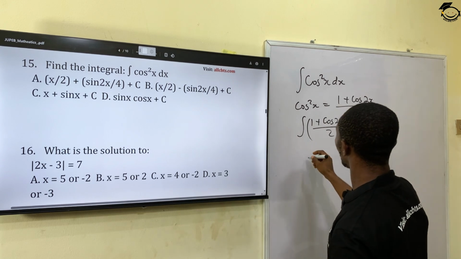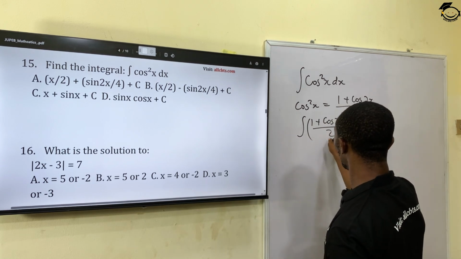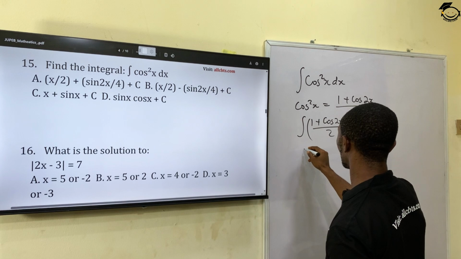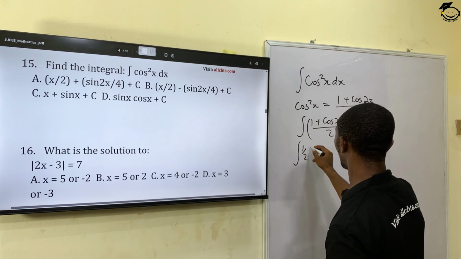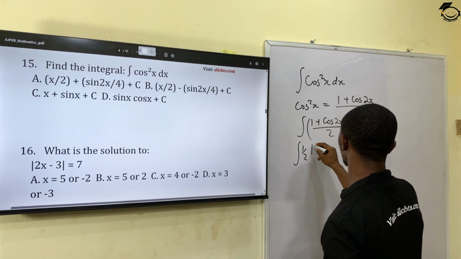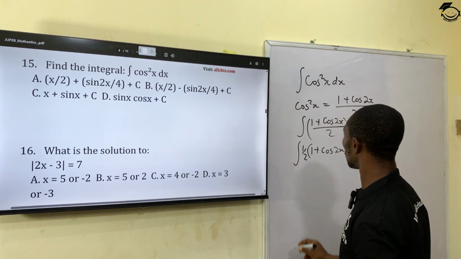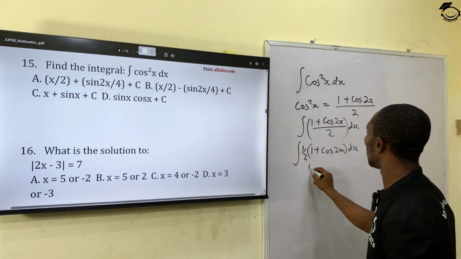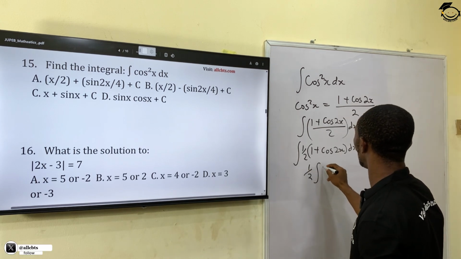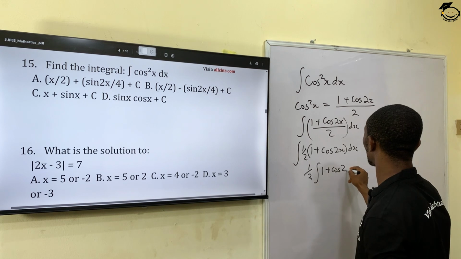Bringing out this fraction, we have the integral of half times 1 plus cos 2x dx. So this is going to become 1 over 2, 1 plus cos 2x dx.